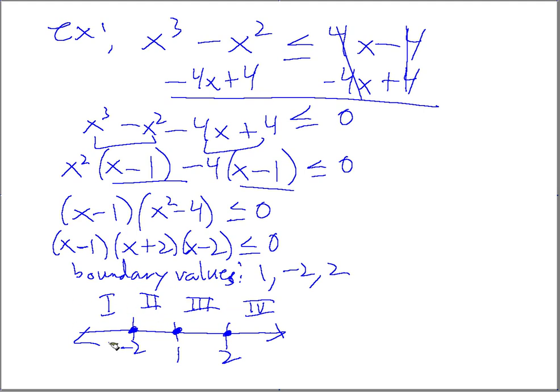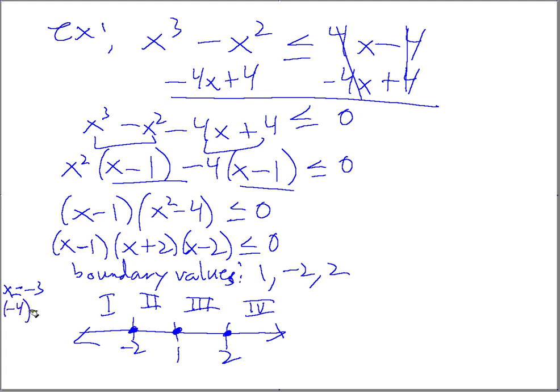All right. So let's pick a number in this region here. Well, give me a number in the first region. What's a number less than negative 2? How about negative 3? If I plug in negative 3 for x, what do I get? Negative 3 minus 1 is what?